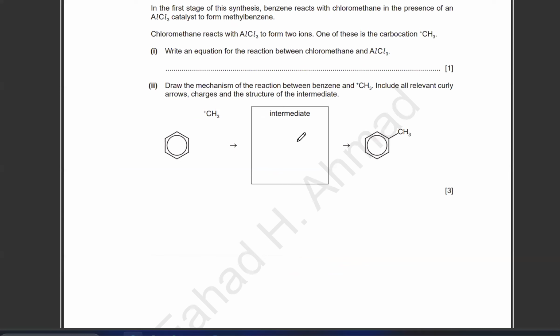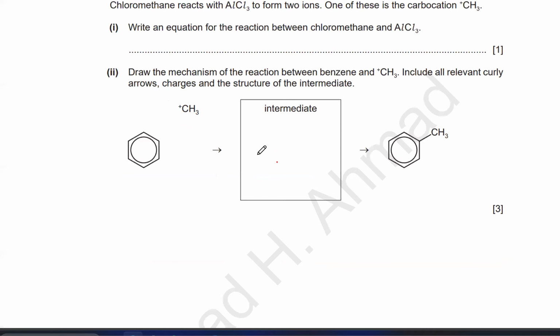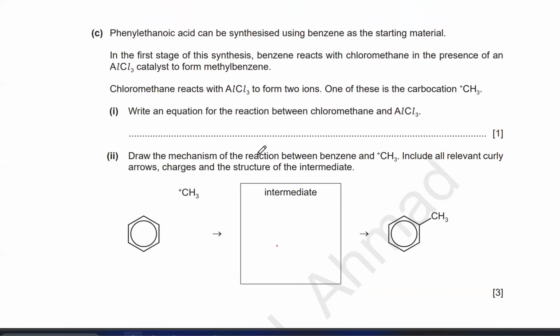So what else? This is the whole alkylation thing. He says that the AlCl3 catalyst... there's chloromethane, CH3Cl, and it reacts with AlCl3, and he says that it produces this carbocation with a positive charge.